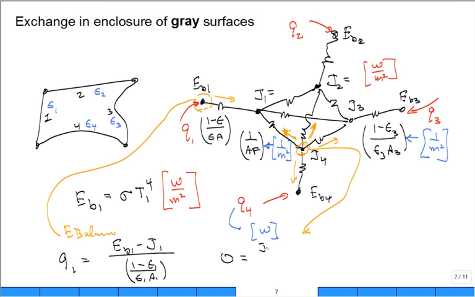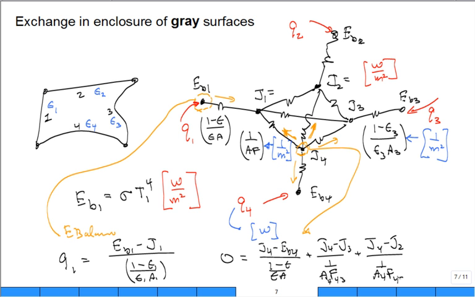You're going to have J4 minus EB4 divided by (1 minus epsilon) over epsilon A, plus J4 minus J3 divided by 1 over AF, which maybe I should put the subscripts there, because it's A4 F4 to 3, plus J4 minus J2 divided by 1 over A4 view factor 4 to 2, plus J4 minus J1 divided by 1 over A4 view factor 4 to 1.